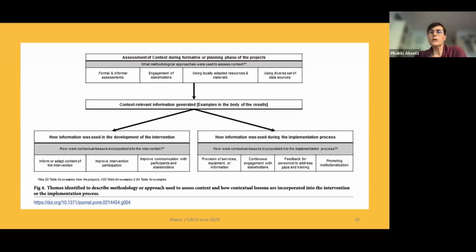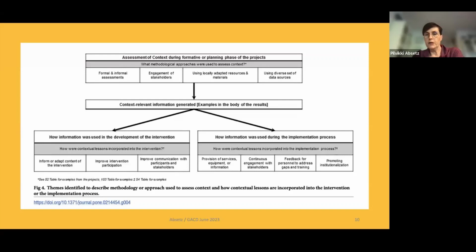So first of all, assessment of context during the formative or planning phase of the projects, with different types of methodologies. And then the context-relevant information was used in the development of the intervention, informing ways to adapt the content of the intervention, improve the intervention participation, improve communication with participants and stakeholders.